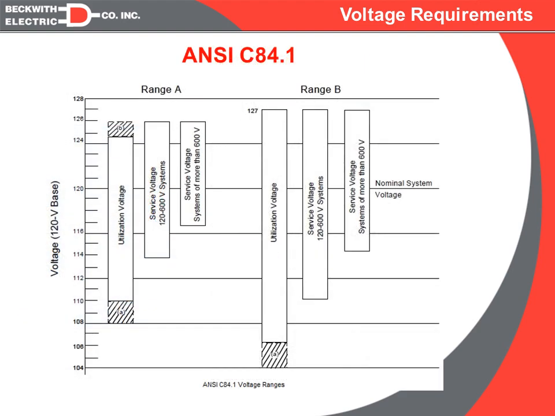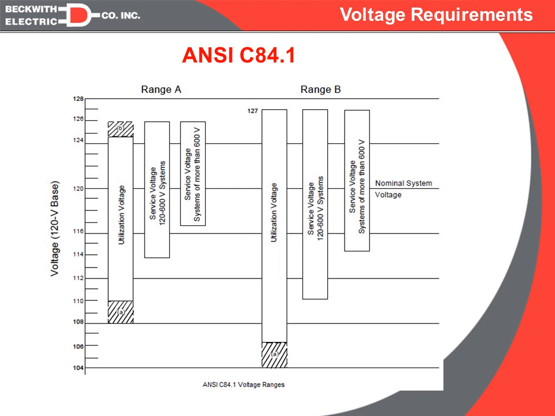So, to reiterate, ANSI has 2 different ranges. Range A is where we typically need to be running. And for the US on 120 volts secondary, we're looking between 114 and 126. Now, range B can be entered for very short periods of time during emergencies.